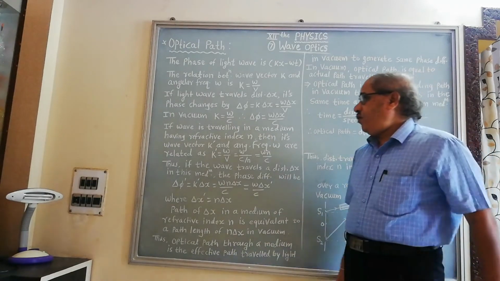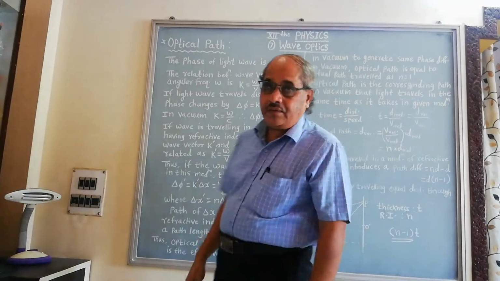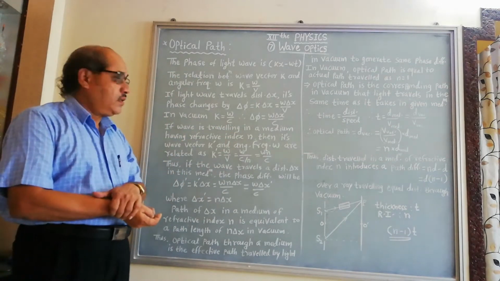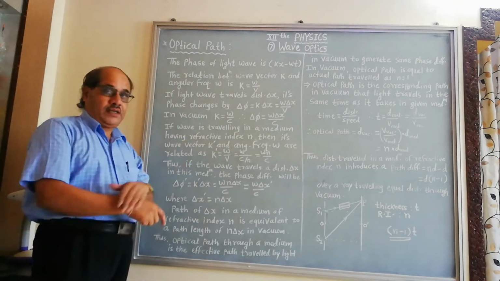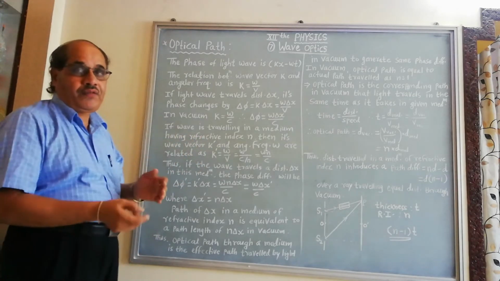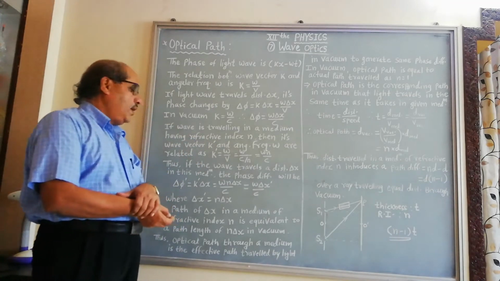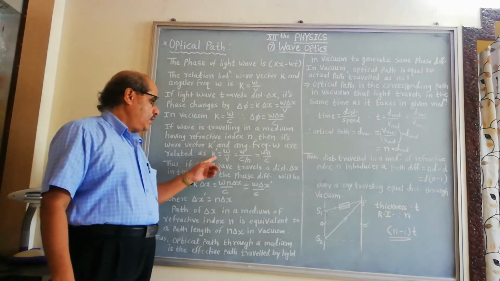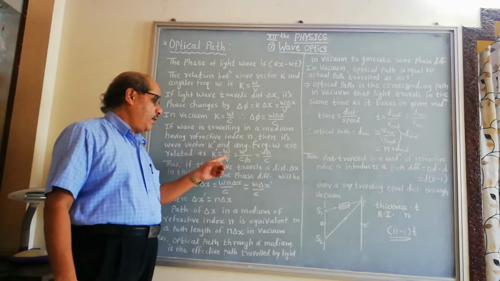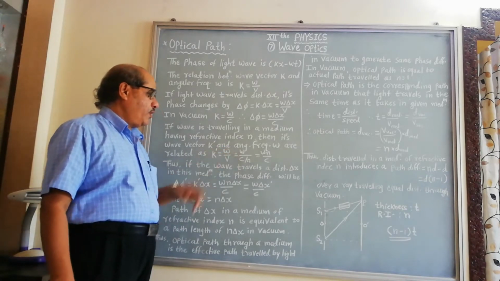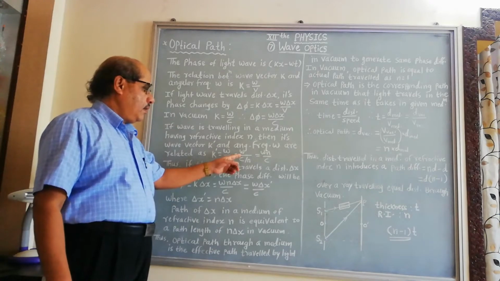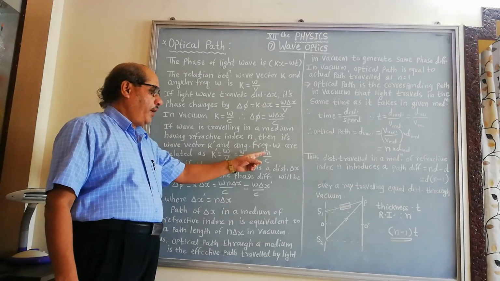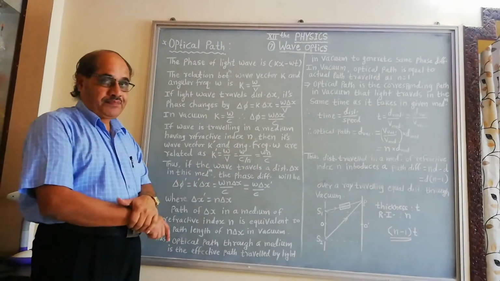If the light wave is traveling in a medium having refractive index n, then its wave vector k dash and angular frequency omega are related as k dash is equal to omega by v, that is equal to omega upon c upon n, that is equal to omega n by c.